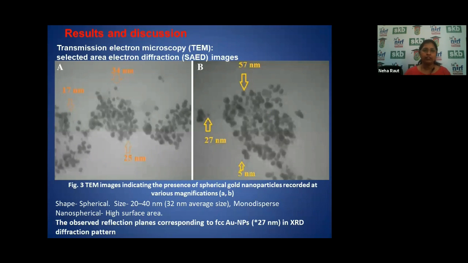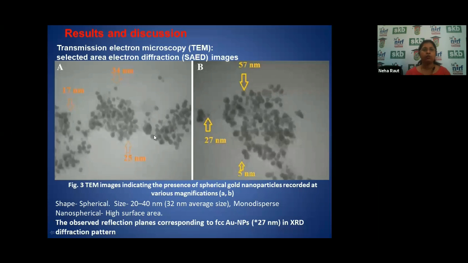The next is transmission electron microscopy. Here is the selected area electron diffraction image. You can see image A and image B. These are the TEM images indicating the presence of spherical gold nanoparticles recorded at various magnifications.